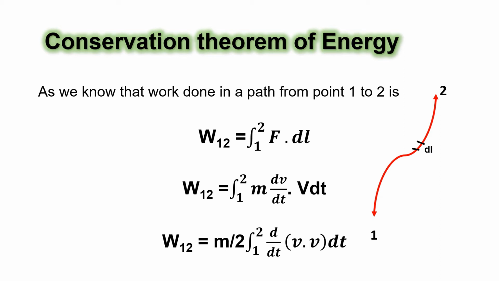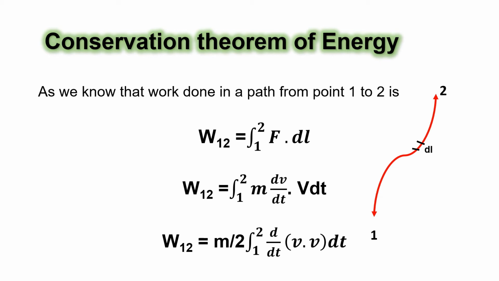For that, we write the force F as dp over dt, and for the momentum we put p equal to mv. Mass is constant, so it is taken out of the differential, and we can write m dv over dt dot dl, where dl is the distance.